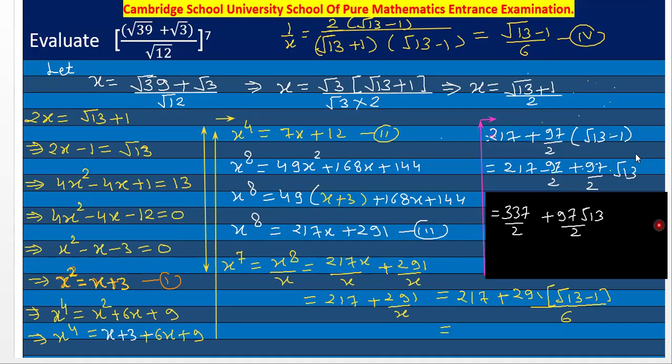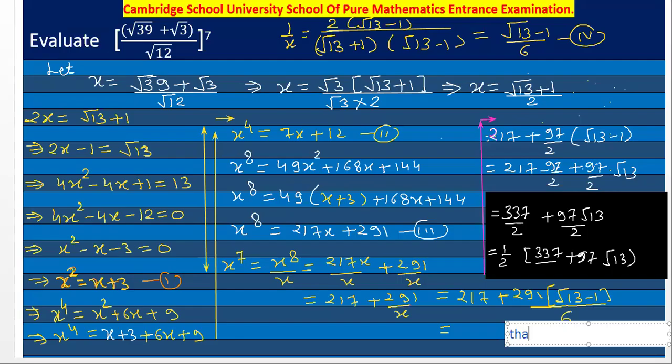And now taking the LCM, on further simplification, we have 1 by 2 common, that is 337 plus 97 root 13. And this is the answer of this question. This is the solution of this question. Thanks.